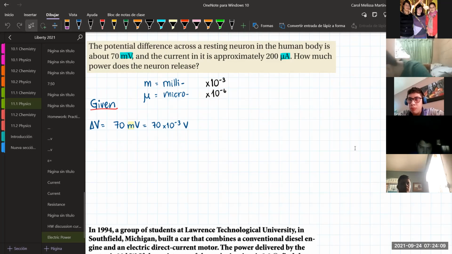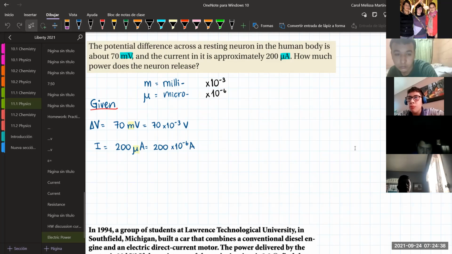And the current is approximately 200 microamperes. Replace the prefix micro by its equivalence, and it will be 200 times 10 to the negative 6 power amperes.